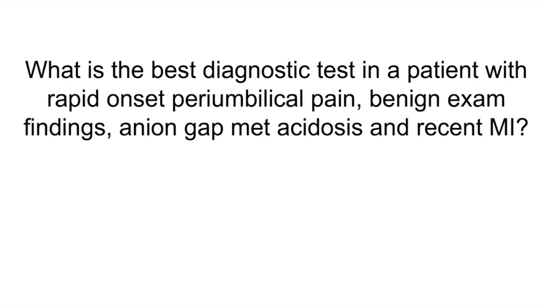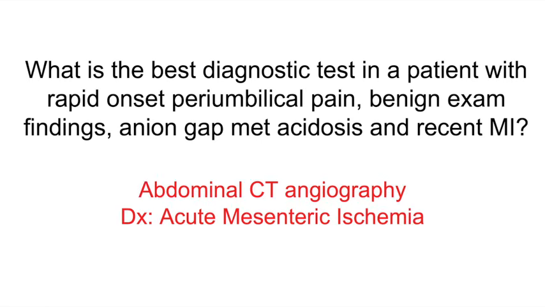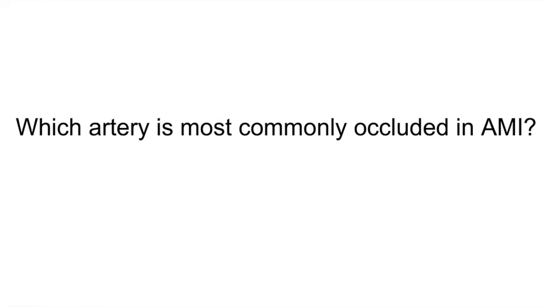Abdominal CT angiography, because we're thinking that this patient may have acute mesenteric ischemia. Which artery is most commonly occluded in AMI or acute mesenteric ischemia? The superior mesenteric artery.